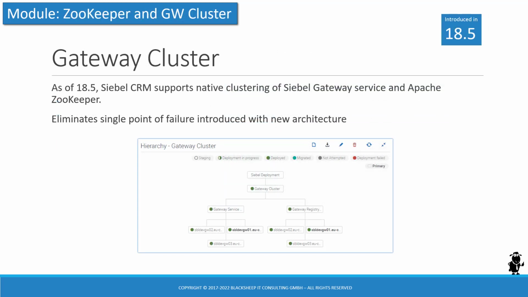And also there is no small amount of information about Zookeeper and the gateway cluster feature, which administrators will be very interested in, and we have a separate chapter covering all the angles of what exactly is Apache Zookeeper, how does it fit into the new architecture, and how can we establish a gateway cluster to eliminate the single point of failure that is introduced with the new architecture, since if you have only one store for the enterprise configuration, if that store is not available, the enterprise is basically down.